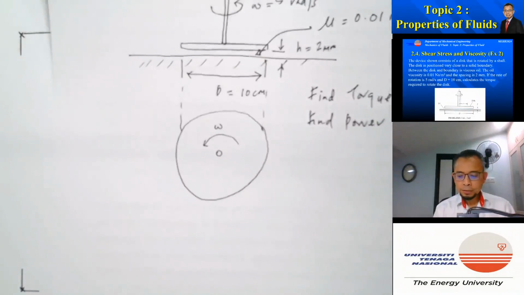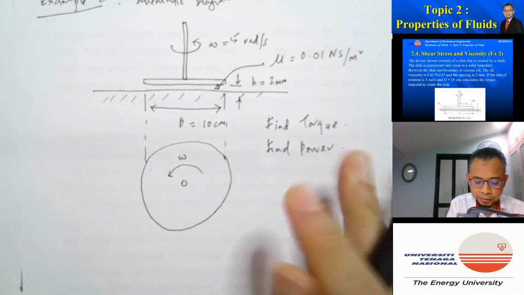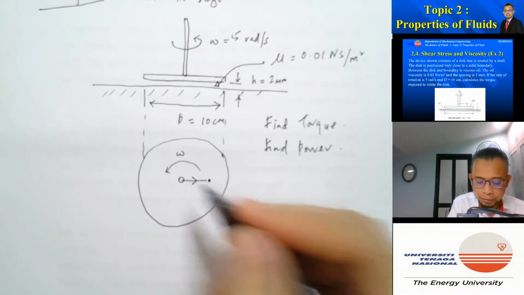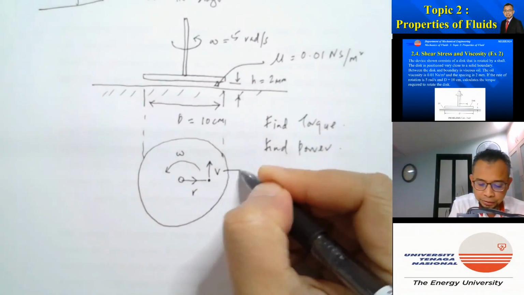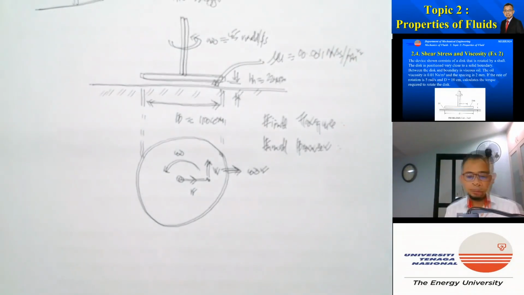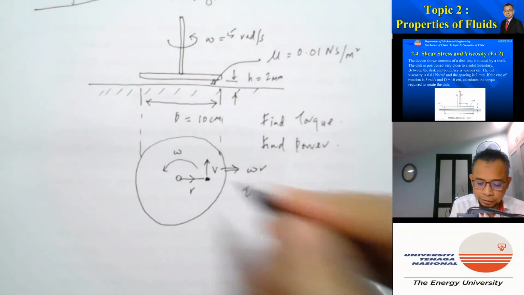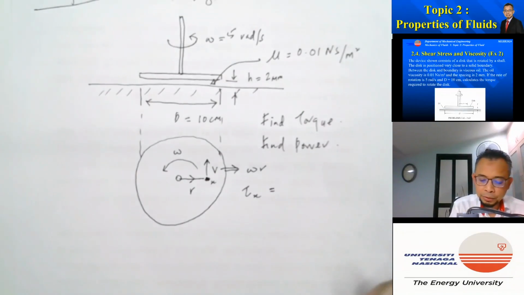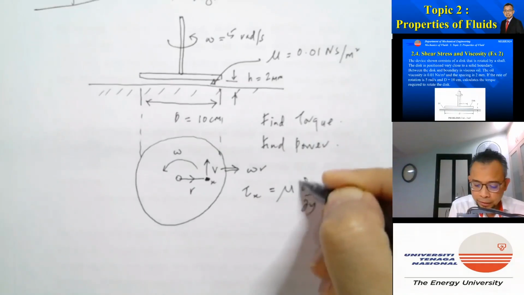Now, let us consider any point on the disc. Let's say I just consider this point here, whereby the distance from the shaft is equal to r. The rate of rotation is omega, so the velocity here is equal to omega r. If we consider the shear stress at this point, let's call this point x, shear stress at point x is equal to mu dv by dy.